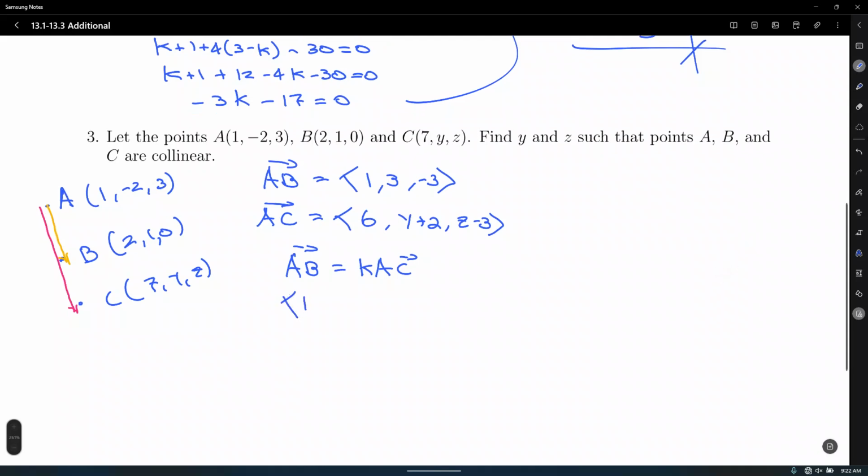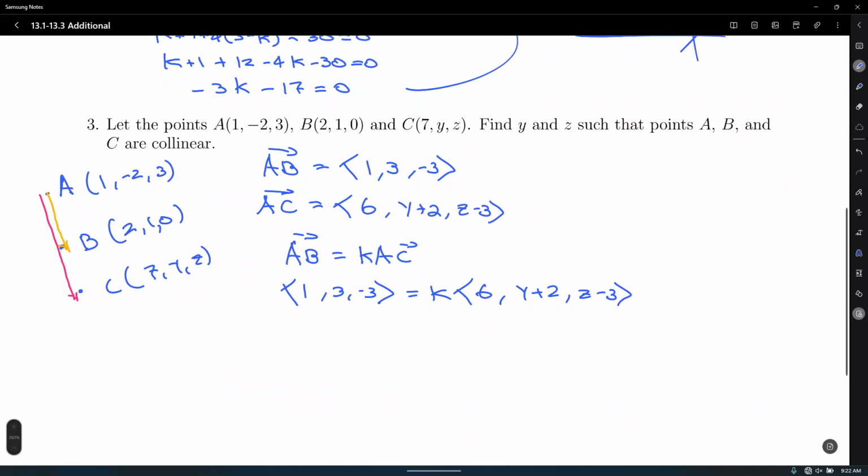So let's set it up. 1, 3, negative 3 equals K times 6, Y plus 2, Z minus 3. So I'm going to distribute the K again. That's going to be 6K, KY plus 2K, and KZ minus 3K.